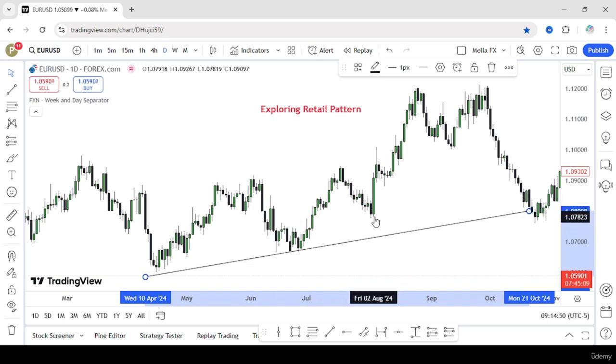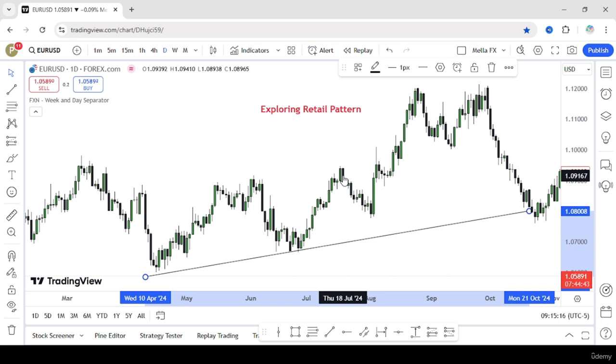So in this trend line, every retail trader will be left wondering, where should I anchor? The biggest question was, where should I anchor my trend line? Where should I keep this trend line to be able to find support?